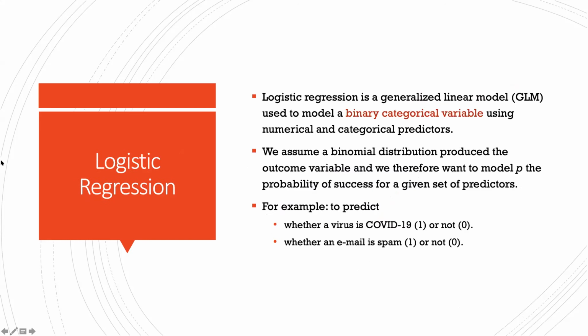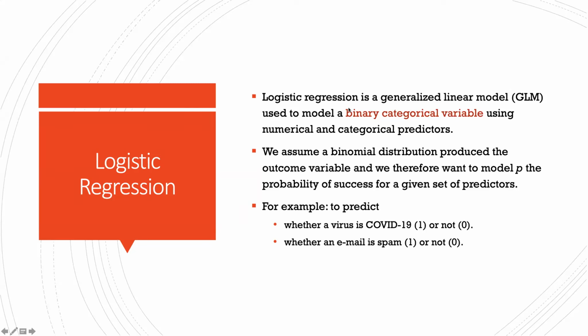And if we want to move to logistic regression, it is a generalized linear model, okay? And the most important difference in logistic regression is that you have a binary categorical variable, okay? So in general, if you have a categorical variable, we are not able to use a classical linear regression, and we are moving to another model in here.